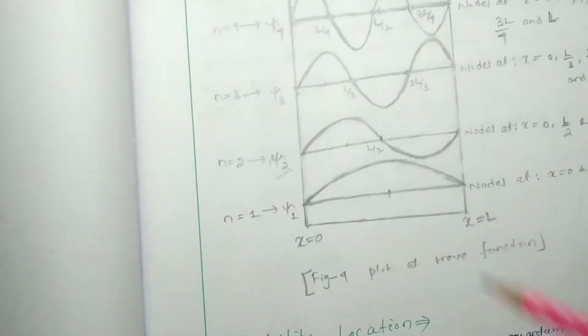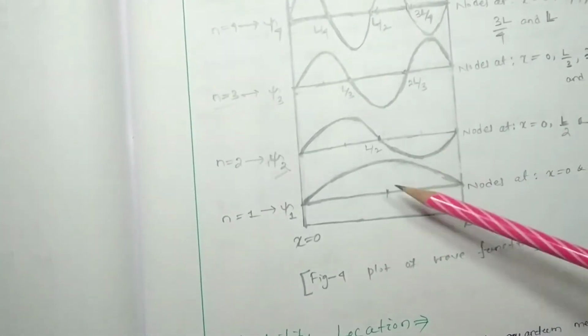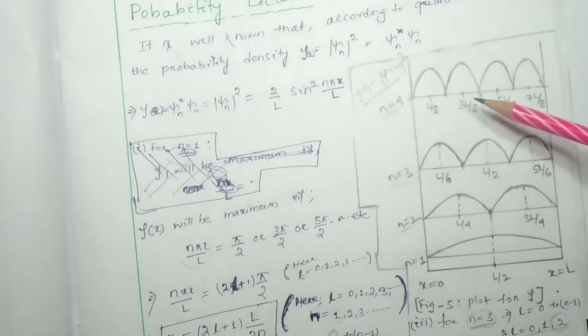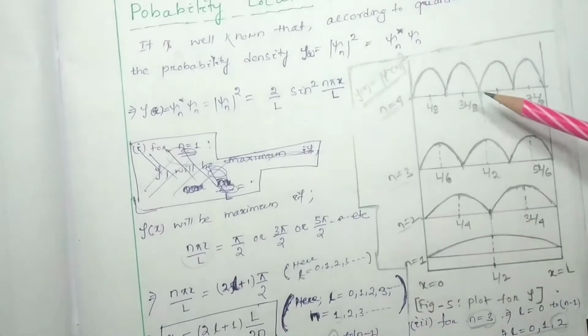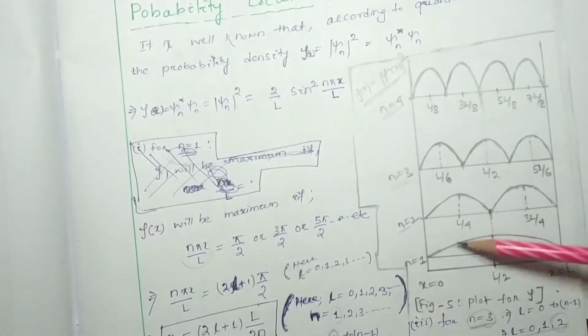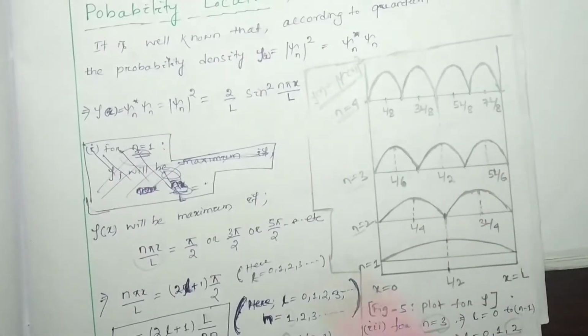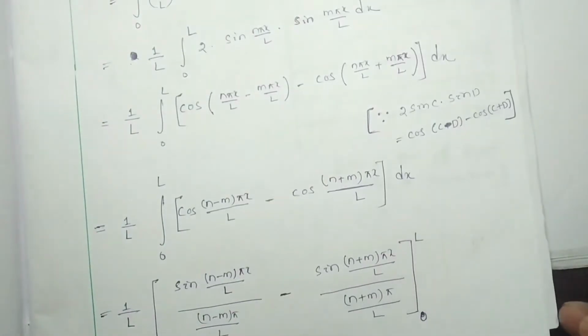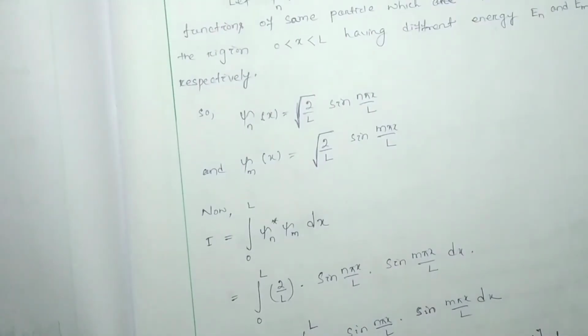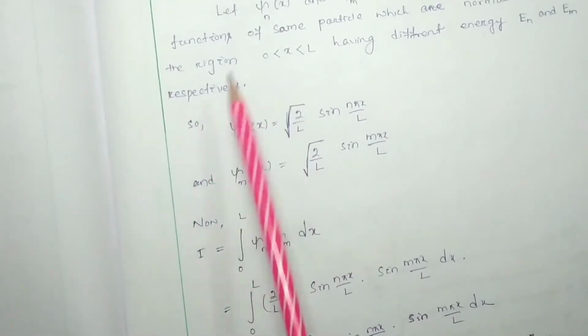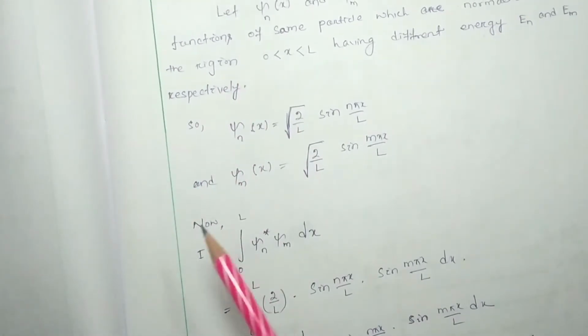This is the plot of wave functions for different states, and this is the plot of probability distribution for each state. If you go through those two videos, then you will be clear on these topics, the previous ones.